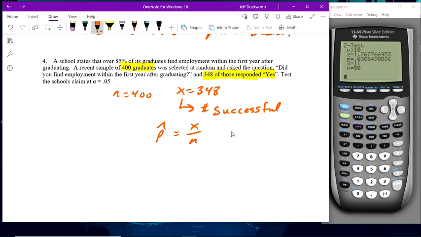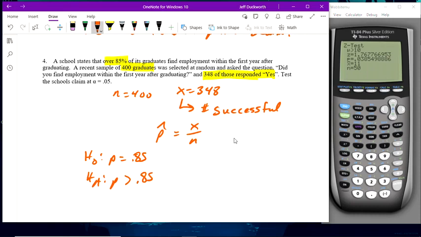All right, so over 85% means we're looking for larger than, so our null is P, so parameter P, because we're dealing with qualitative data, is going to equal 0.85 versus our alternative, P is greater than 0.85.